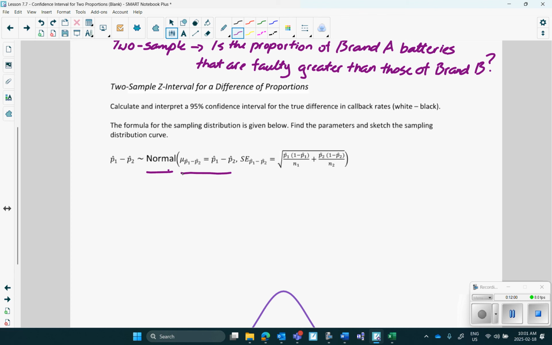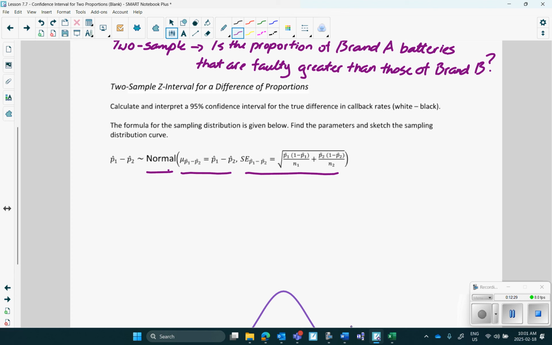As long as it's randomly assigned or randomly selected, we can say that the average difference in the sample proportions will be our sample proportions, first one minus the second one. And then the standard error, remember we call it standard error when we're doing confidence intervals, not standard deviation.